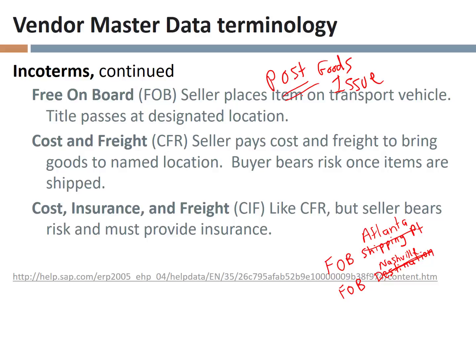I guess kind of playing off what you're saying, I would figure that there would be some kind of physical post-goods issue, for example, like signing for a package, so that even though in your system it hasn't been updated, you still have a physical piece of paper that says it has passed. Actually, absolutely. Yeah, and that's what I'm talking about.